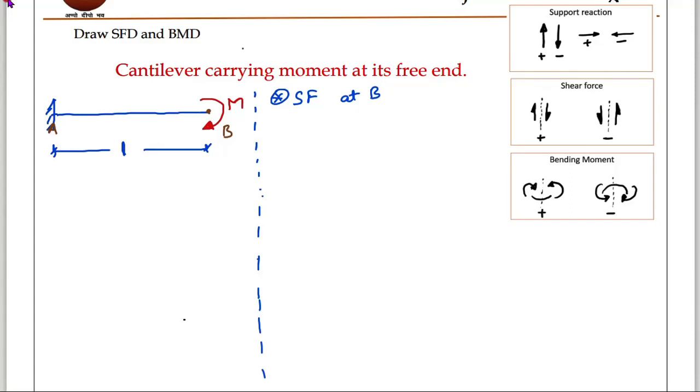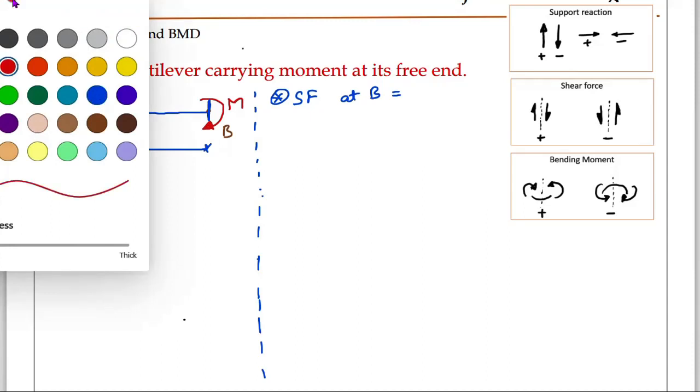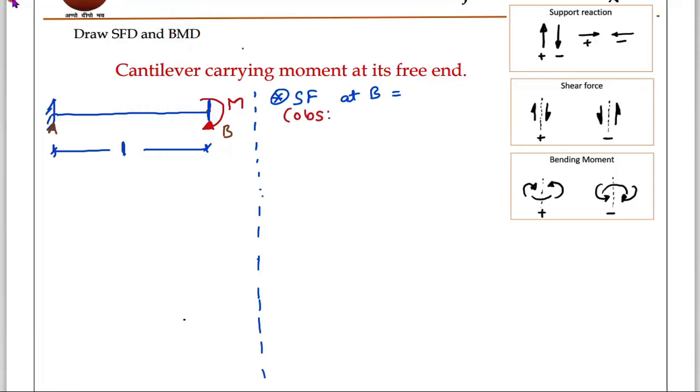Shear force at B means I will put a section at B. Then observation: I will see the right side. When you see the right side, what is there? The beam has ended, at point B it is ended. Therefore you don't have anything on the right side. Therefore, the answer will be 0.